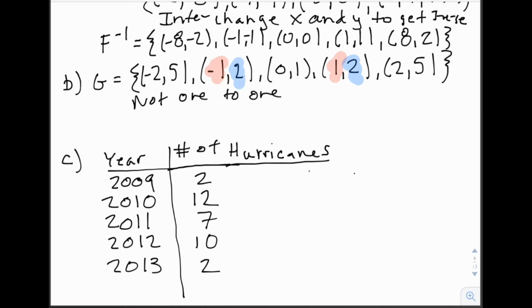So notice how we have some repeating values for our right-hand column. We have this 2 here, and then we have a 2 here. That is not necessarily what we wanted. What we have is a y corresponding to more than one x value. So again, we can go ahead and say that this one is not 1-to-1.